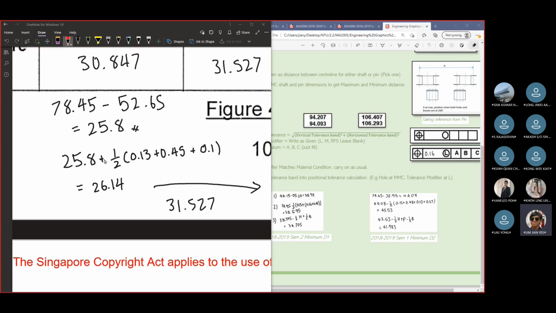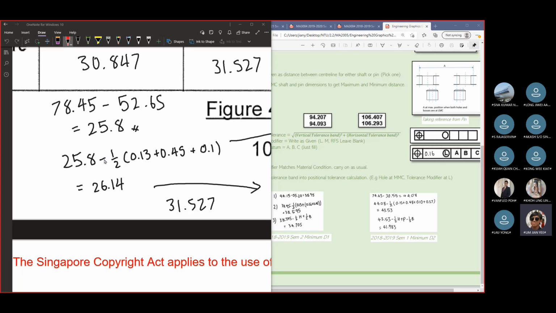Because this goes from a minus to a plus, you just add the difference, which is this. So 30.847 plus 0.13 plus 0.45 plus 0.1 will equal 31.527.